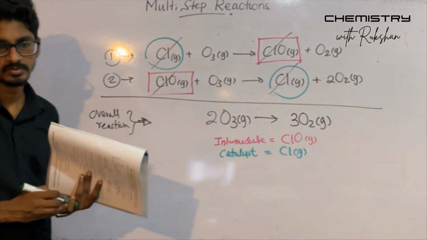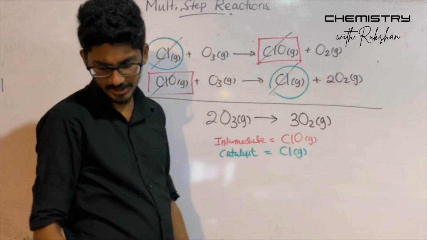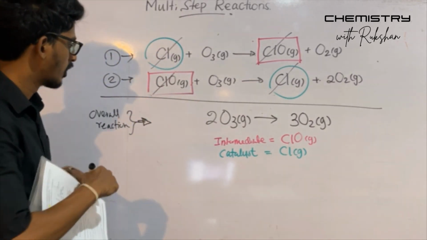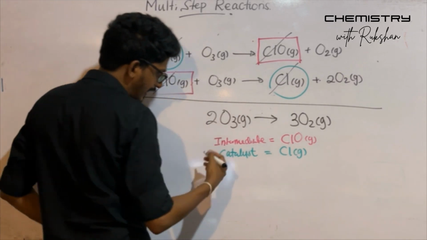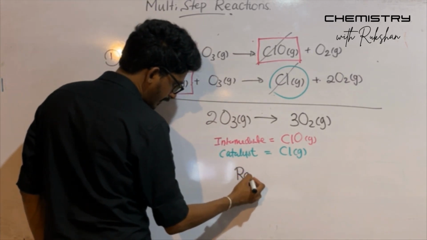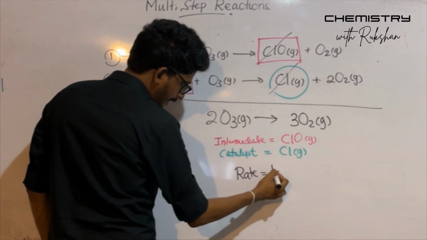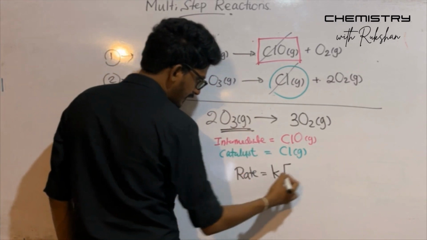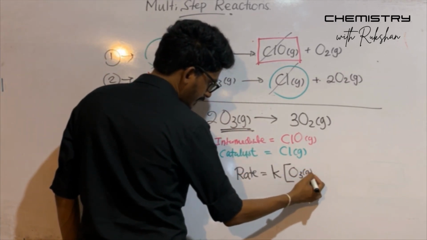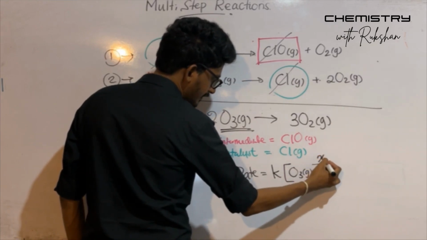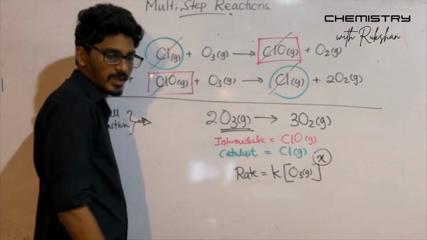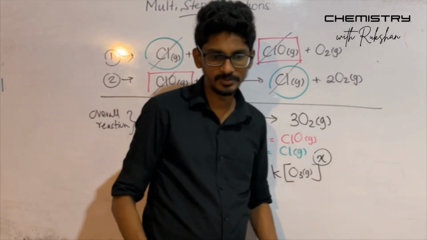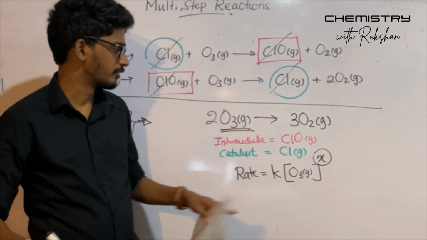That is clear. If they have asked you to come up with the rate law, it can be written like this: K into the concentration of the reactant gas raised to some X, which should be experimentally determined. This X is an empirical value.